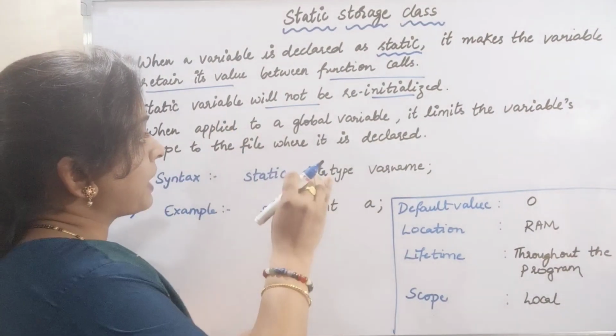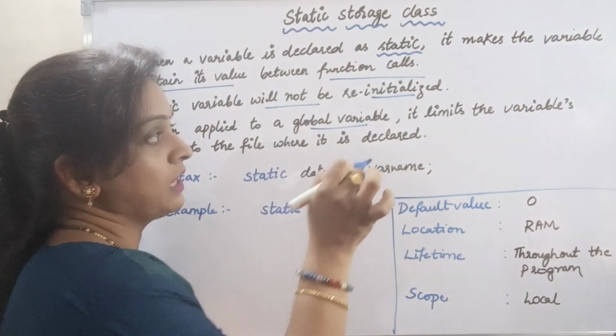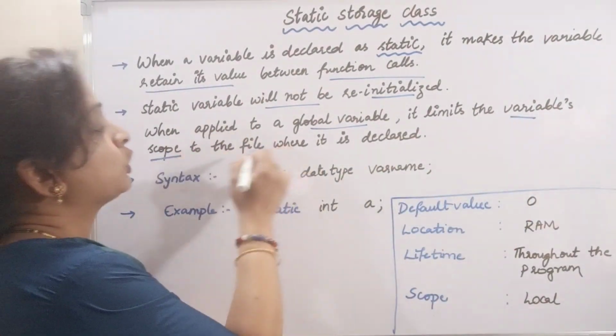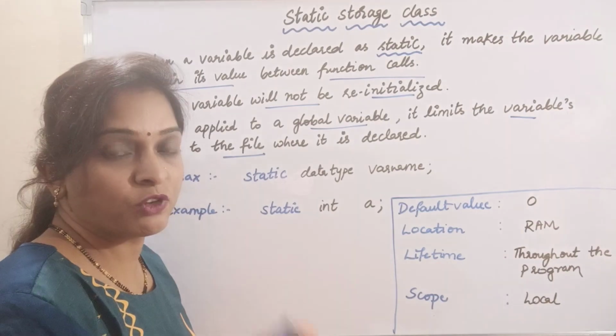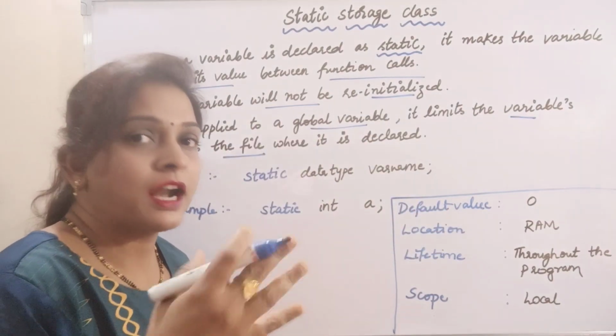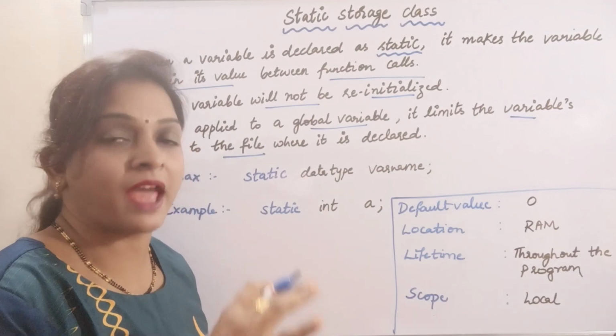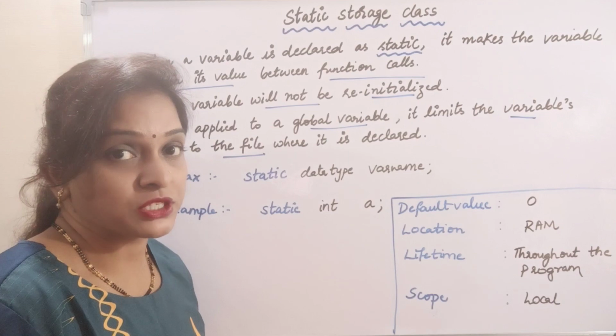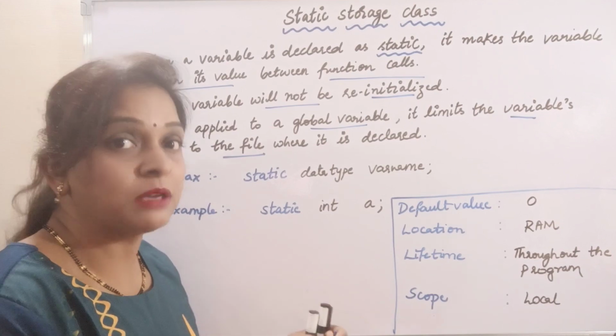And when I apply static to a global variable, it limits the variable's scope to the file where it is declared. For example, in a file we have the main function and many sub-functions. We all know a global variable can be accessed throughout the program, in the main function as well as in sub-functions. But a static global will be restricted to only that particular file.